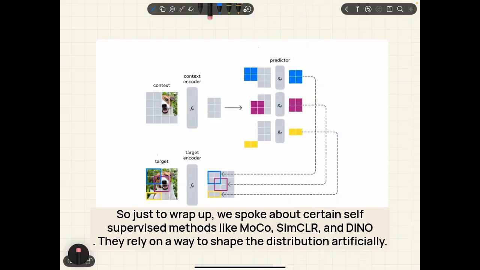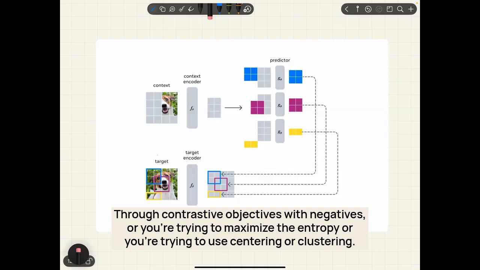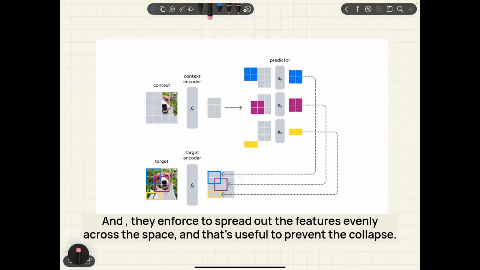Just to wrap up, we spoke about certain self-supervised methods like MoCo, SimCLR, and DINO. They rely on a way to shape the distribution artificially, through contrastive objectives with negatives, or by trying to maximize the entropy, or by using centering or clustering, being forced to spread out the features evenly across the space.